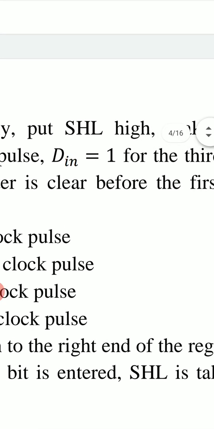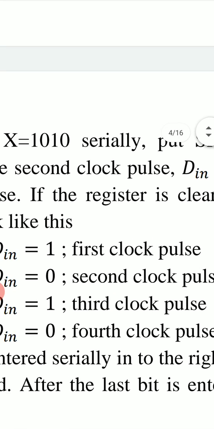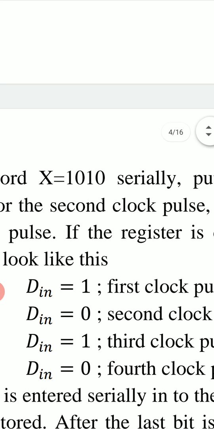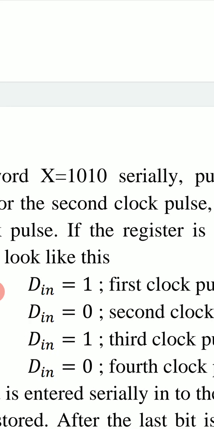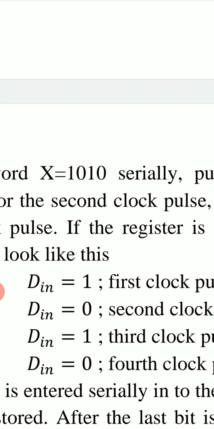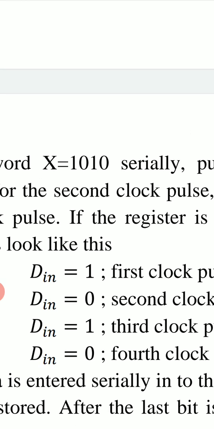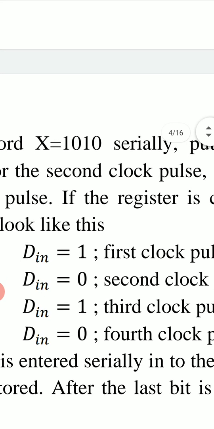Next we make D in as 0, then the word will become 1000. Then make D in as 1 and the word becomes 1010, and in the last D in is 0.